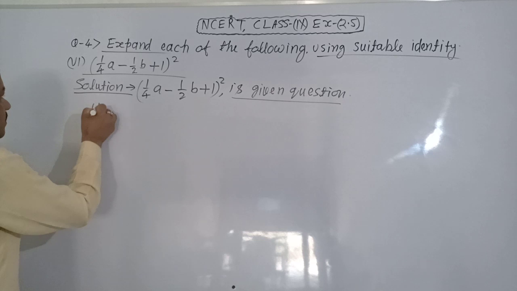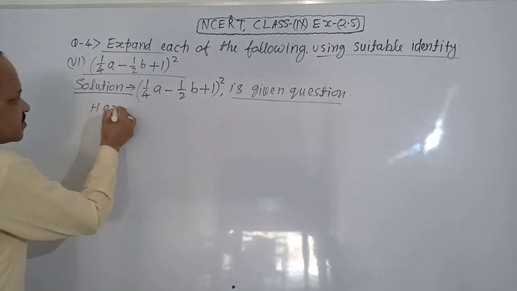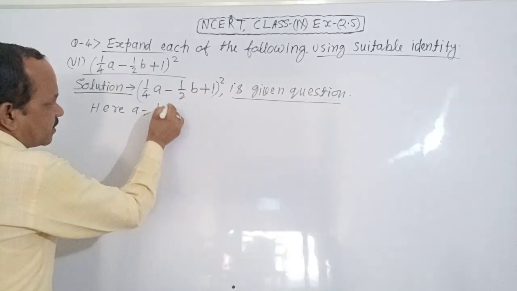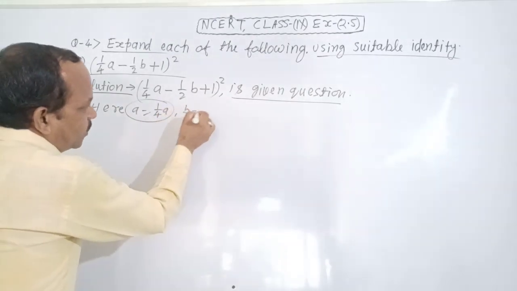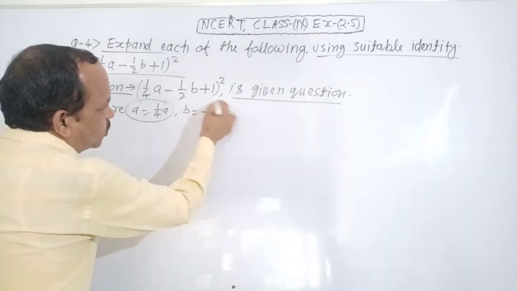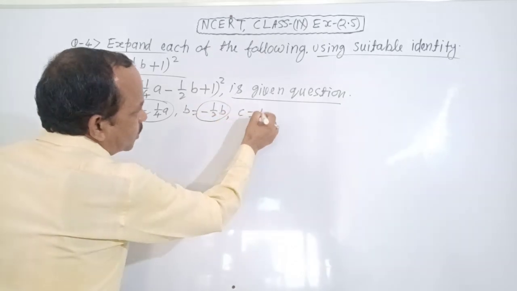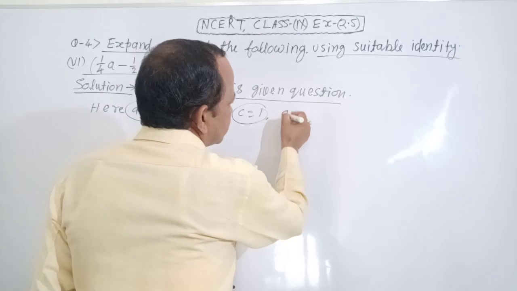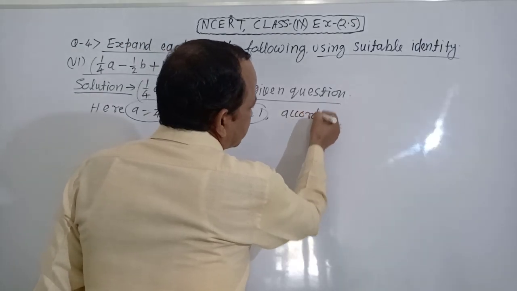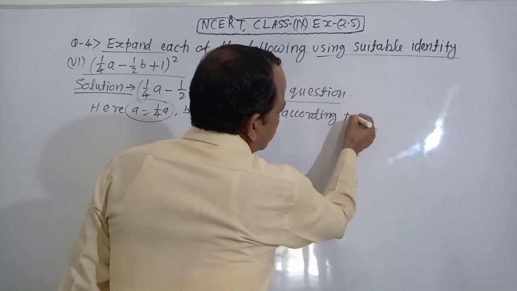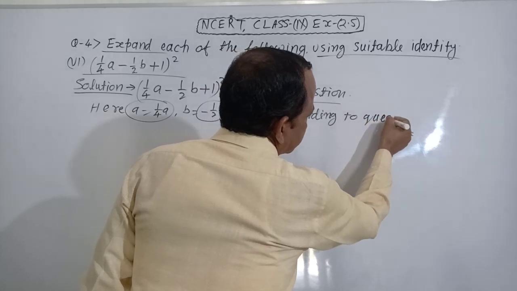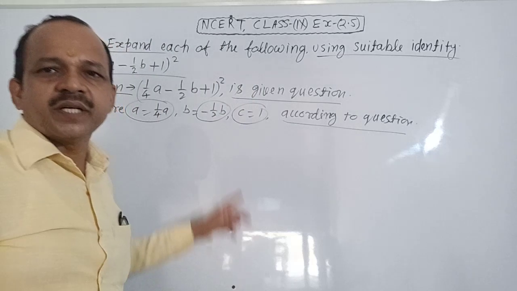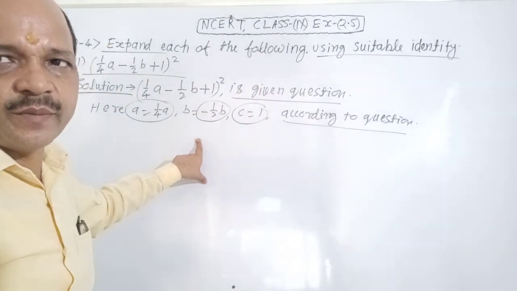Here a equals 1/4a, b equals minus 1/2b, c equals 1, according to the question.